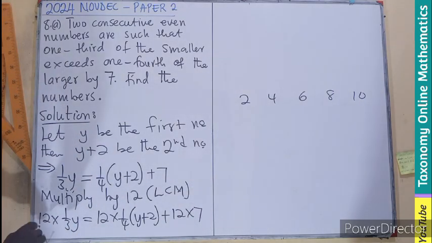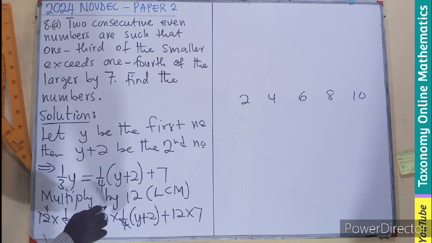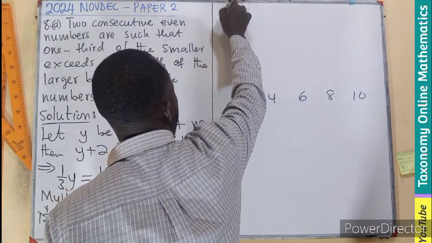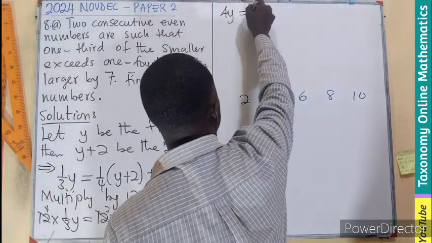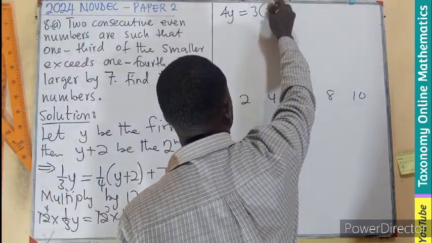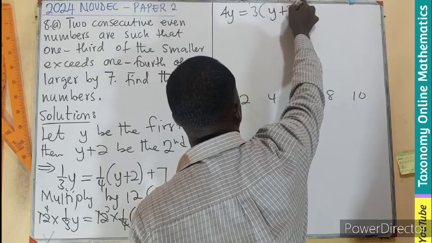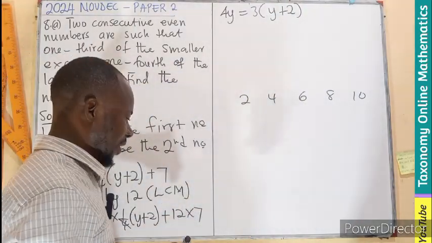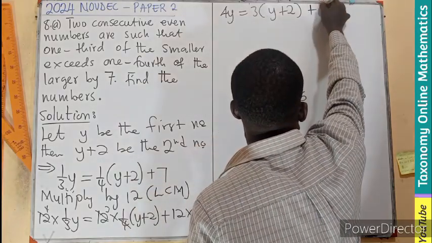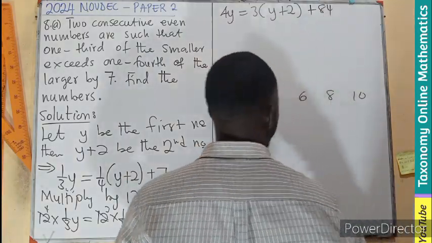We are multiplying because we want to clear the fractions. This will be 4y, equals 3 times (y plus 2), and 12 times 7 is 84, right?